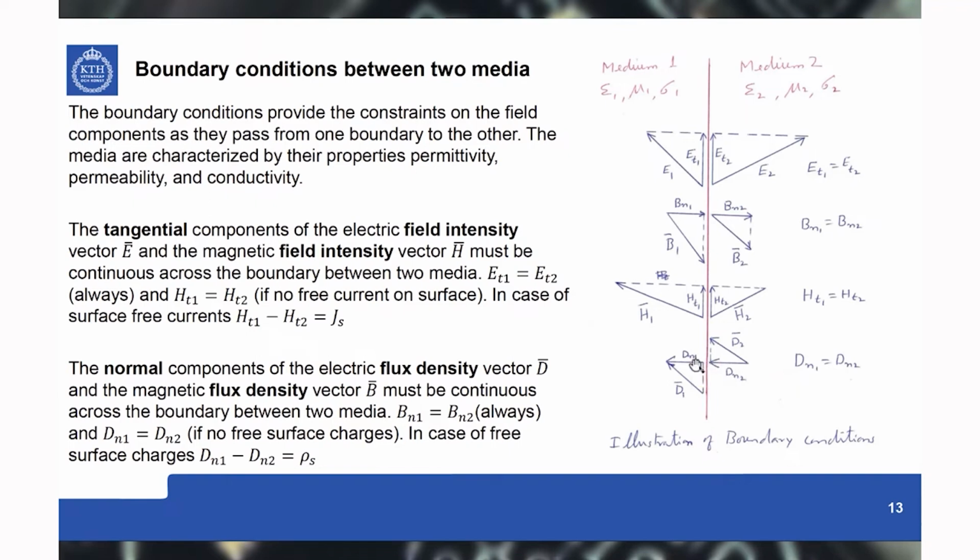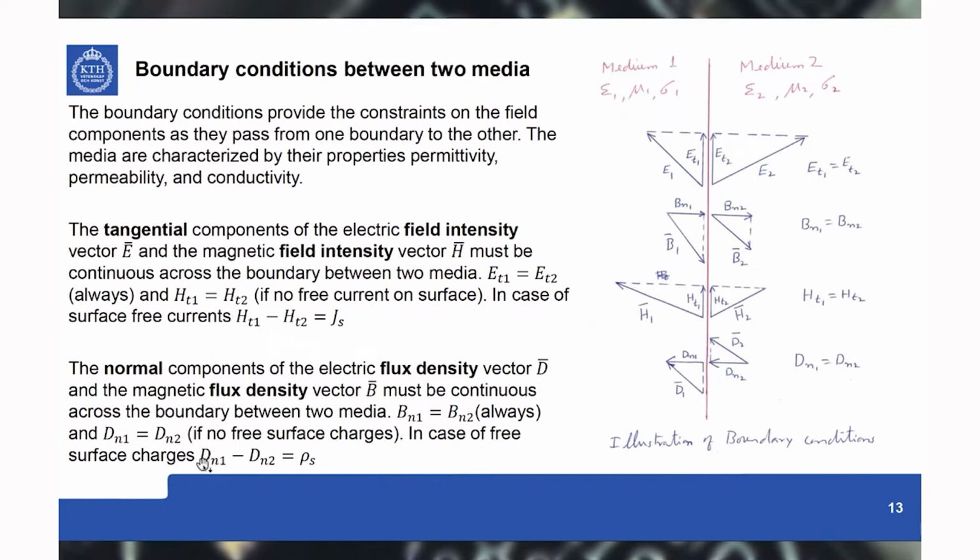And for the electric flux density, they are the same as long as there are no free charges on the surface. If there are free charges on the surface, then that equation is modified.